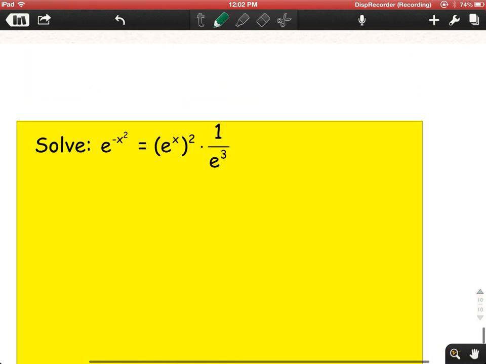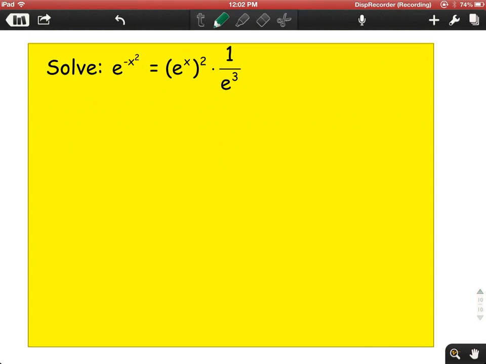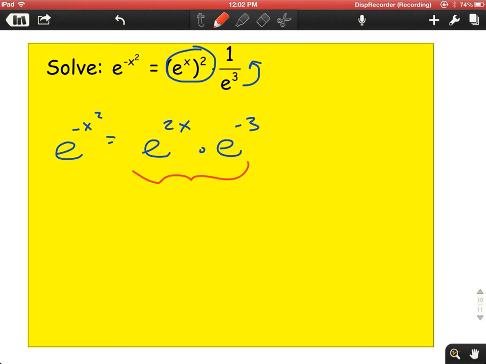Very simple solution. Let's make it a little harder, where we deal with some e's. So e to the negative x squared equals e to the 2x, so a power to a power. That says multiply. And let's bring that up so that all the e's are on the same playing field here. This is going to be e to the 2x minus 3 because you add exponents when you multiply like bases.